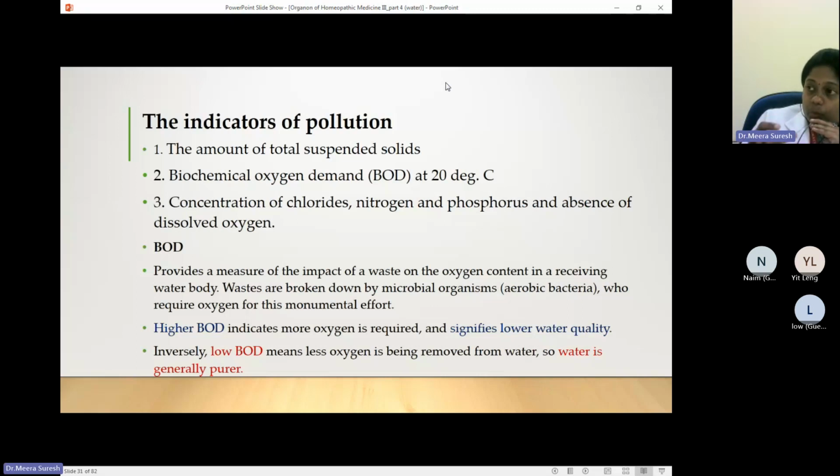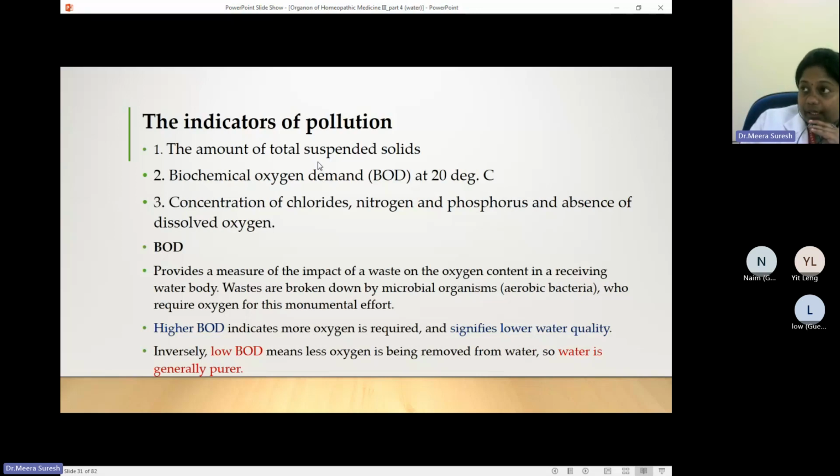So when a waste is coming which requires the bacteria to use much of their energy, which means they will be utilizing maximum quantity of oxygen from the water to break down this waste, then the BOD of that water will be high, because they are using a lot of oxygen.